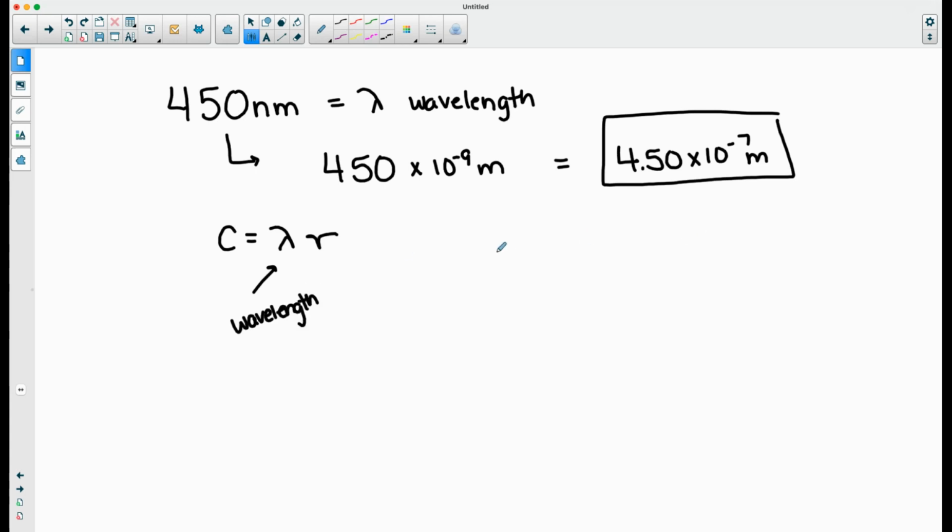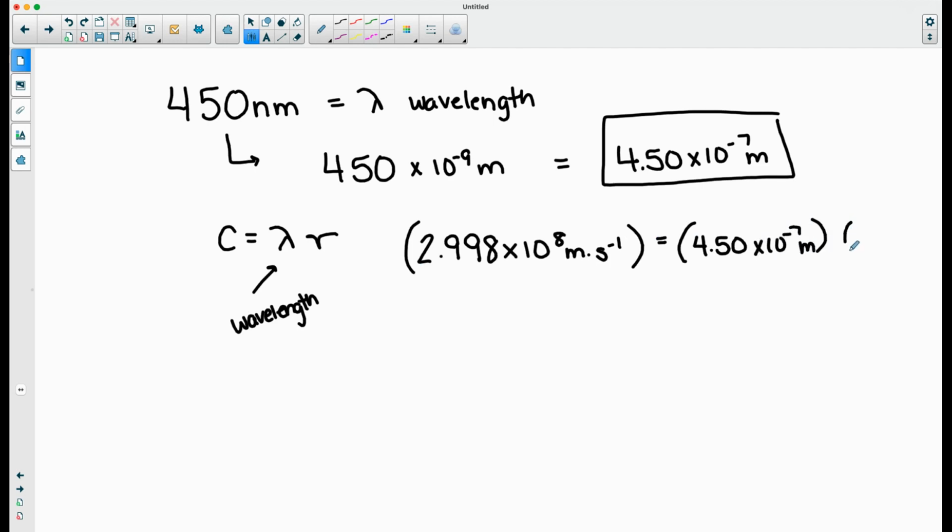means wavelength. So I'm going to look on the formula sheet, make sure you have your calculator out. Write out what you think you need to put into the problem. And I'm going to write down my speed of light and set that equal to my 4.50 times 10 to the minus 7 meters times x, because I'm looking for the frequency.